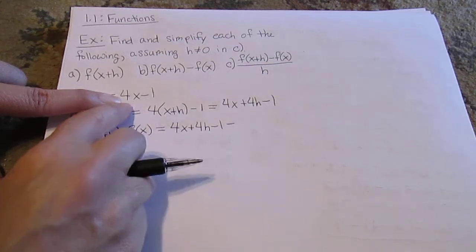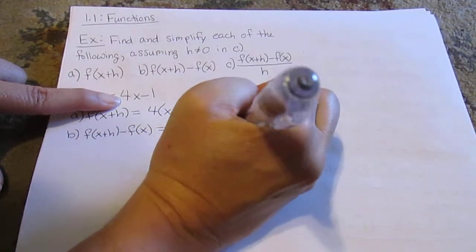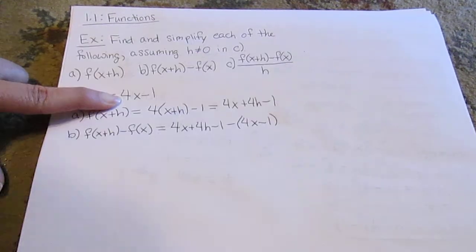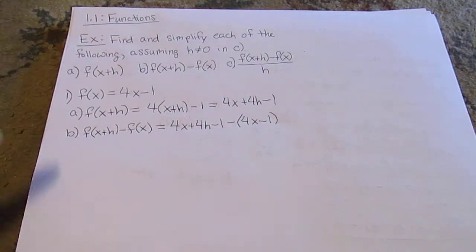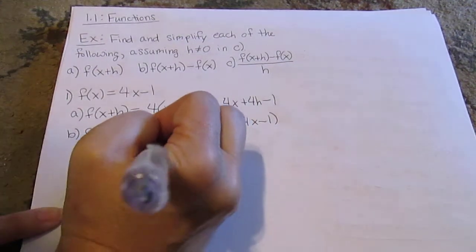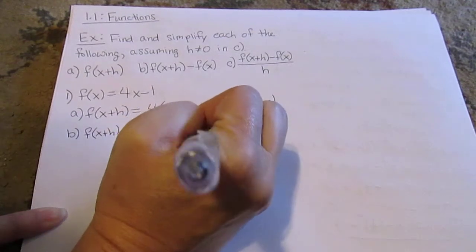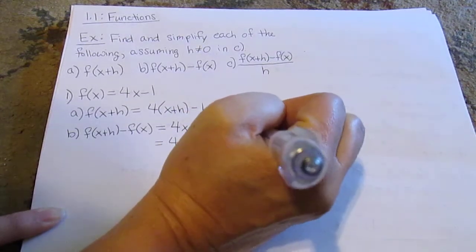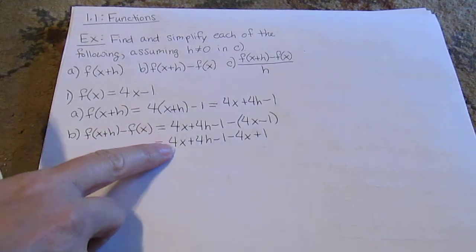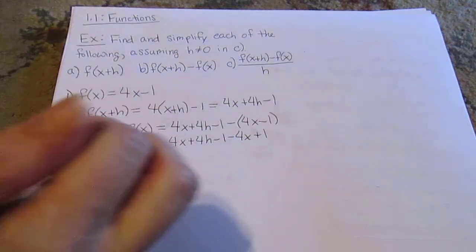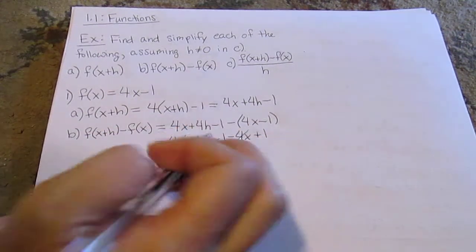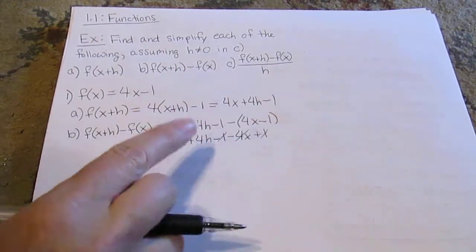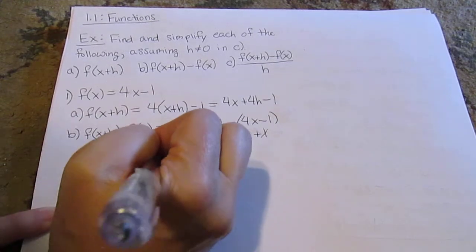Since I'm subtracting it and it has more than one term, make sure you put it in parentheses because you want to make sure you're subtracting the whole thing. And then we'll do some simplifying. We can distribute the negative. And then I notice I've got a positive 4x and a negative 4x, so those cancel. I've got a negative 1 and a positive 1, so those cancel. And all I'm left with is 4h.